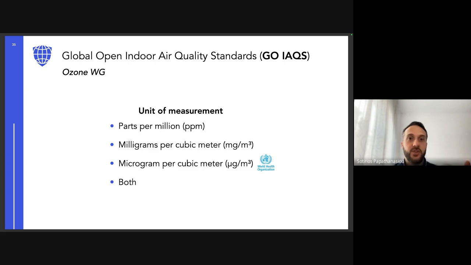So eventually the scientists are taking those parts per billion and then they have to convert them. I'm not always sure if they take into consideration those factors, like are they going to convert the units based on the temperature at which they were taken or based on a standard temperature of 25 degrees and 1 atmosphere?